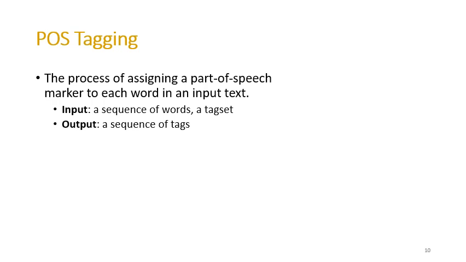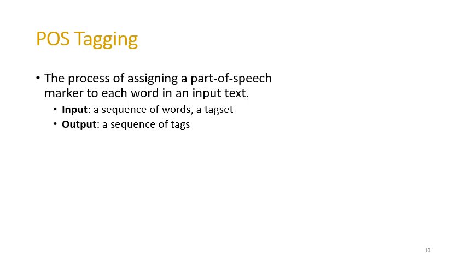So part-of-speech tagging is the process of assigning a part-of-speech marker or tag to each word in an input text. The input of this process is a sequence of words. We are also given a tag set. The output that we must provide is a sequence of tags.